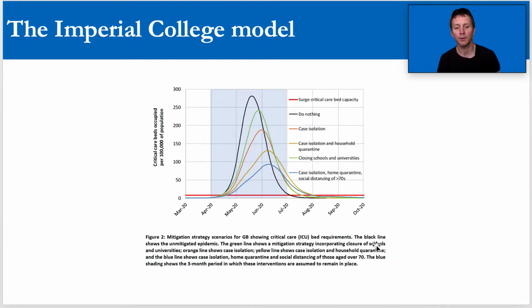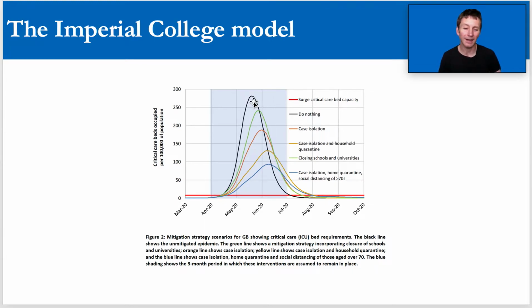So we'll go through these curves in turn. This first one here, up the top, is what happens if we do nothing. And the number of deaths that they predicted would occur is 510,000 people if we do nothing.